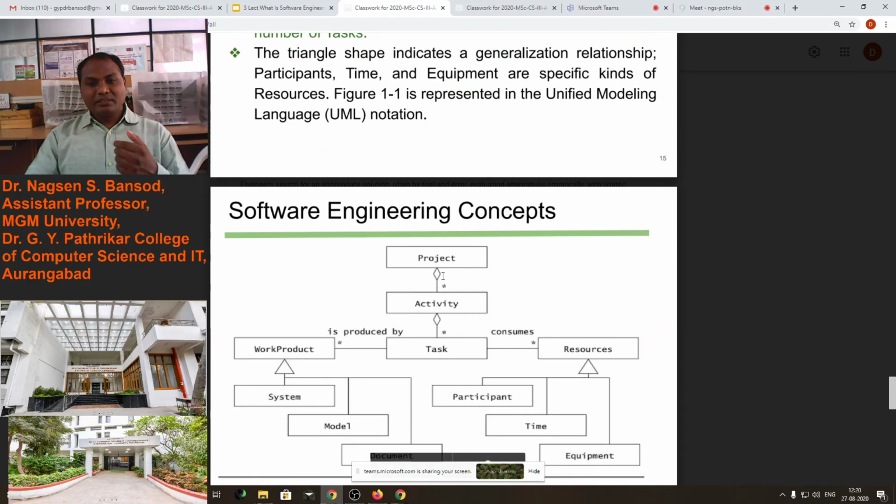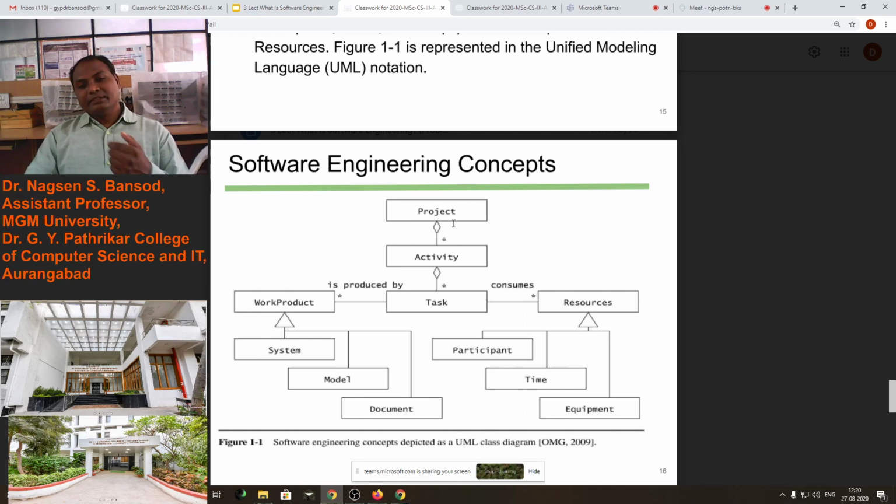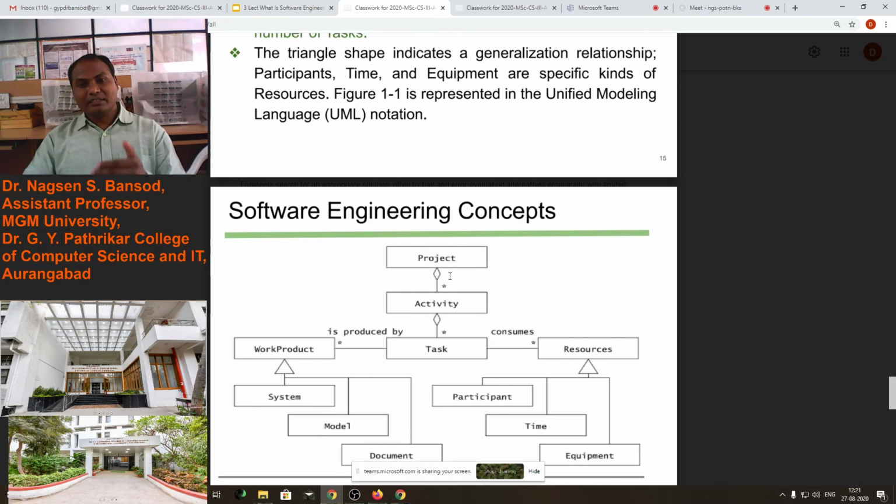So there is the diamond. You see, in a project there are various activities, therefore a diamond is given. And activities is the association of work product, task, resources, system, participant, model, document, equipment and time. Therefore again a diamond shape is given to the relation with the line.